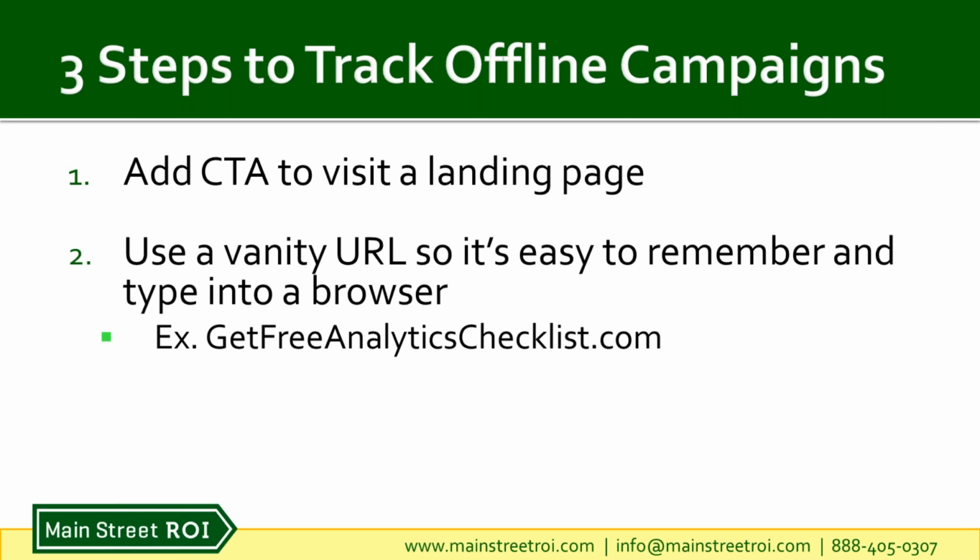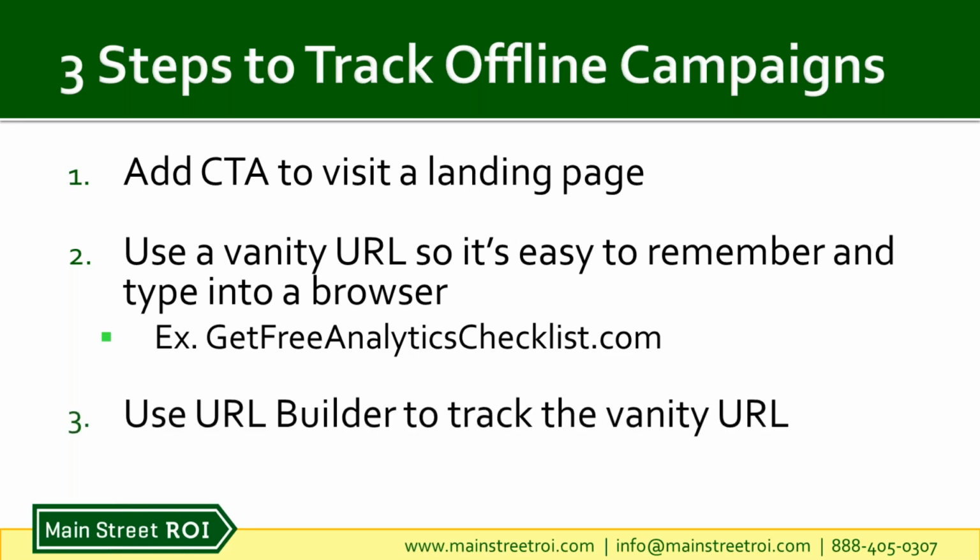So if we just stick with our same example here, you could go and buy a domain like getfreeanalyticschecklist.com. Let's just say that's what you're promoting, and you're doing a direct mail campaign, and the call to action is to go to this URL, getfreeanalyticschecklist.com. So you'd get that vanity URL. You would then use the URL builder, and in this example, I said it was a TV ad.